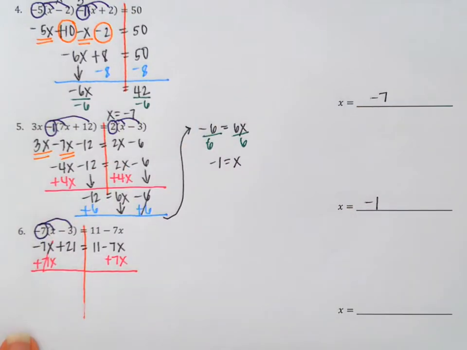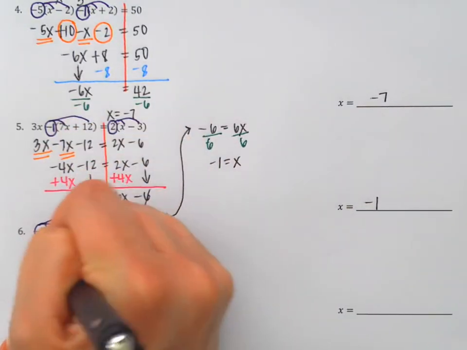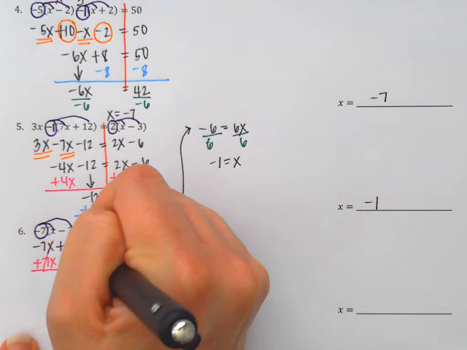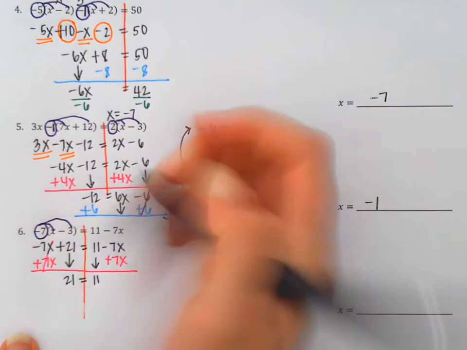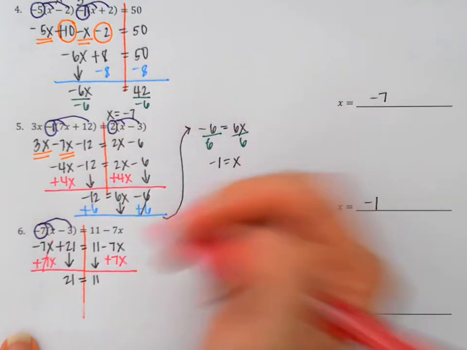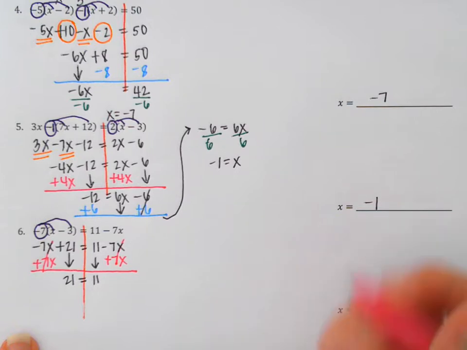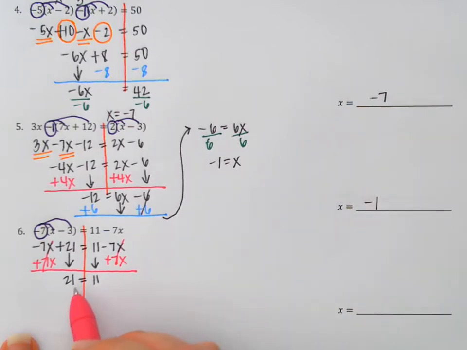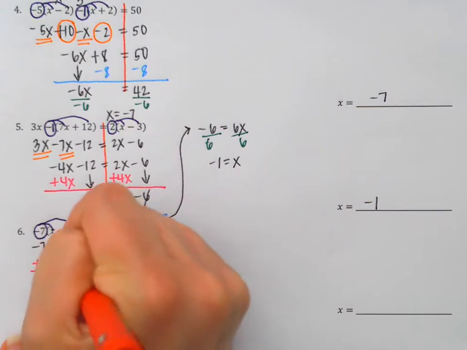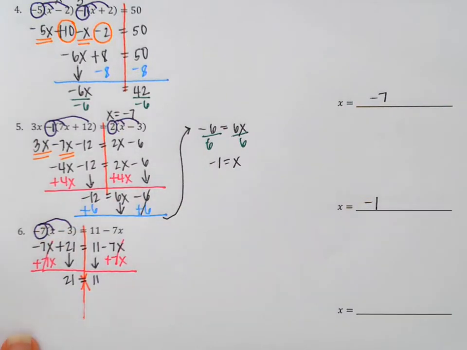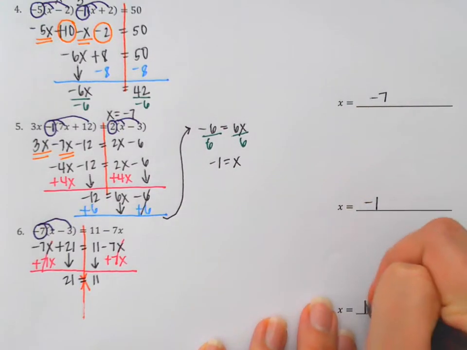That cancels, and I'm left with just 21 equals 11. So the variables canceled out, and is that a true or false statement? Well, that's a false statement. Because 21 doesn't equal 11, that means there's no solution.